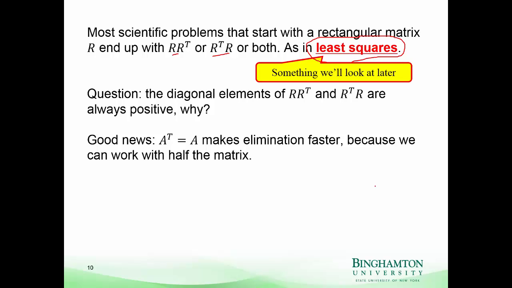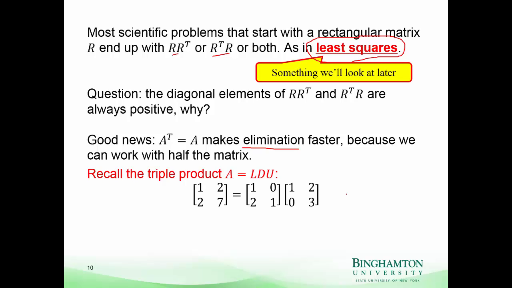And here's some good news. If we've got a symmetric matrix that we're trying to solve a system of equations for by elimination, we can do this with half the work. So remember, A is equal to LDU.